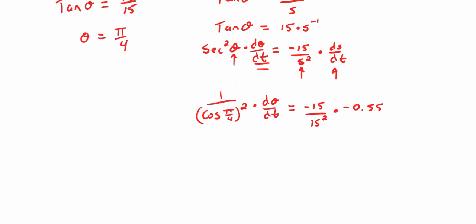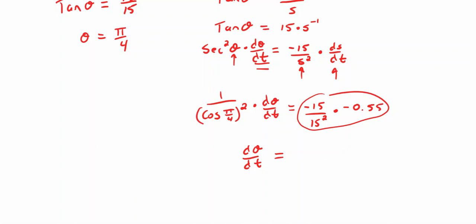Okay. So d theta dt is equal to, and now all of that stuff, if we want to look at the exact answer, how would you guys do that? Negative 1 over 15. Technically 15 over 15 squared. Right, so you can simplify that one, and then there's negative 0.55, that'd be like 55 over 100. It's like 11 over 20.